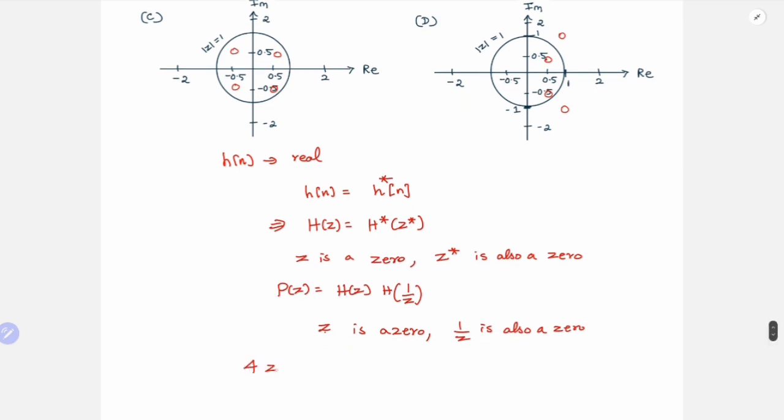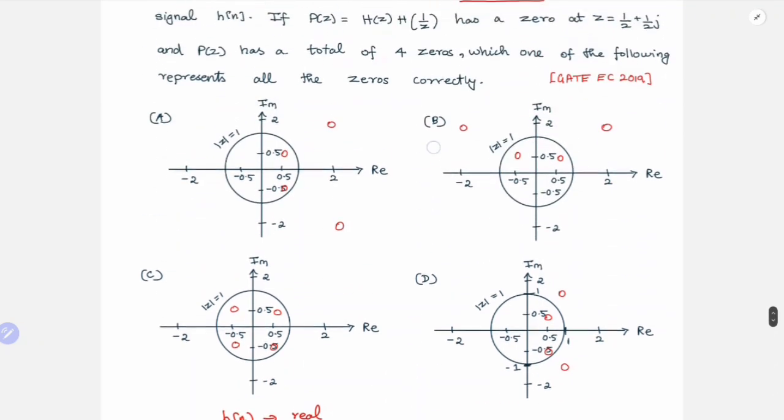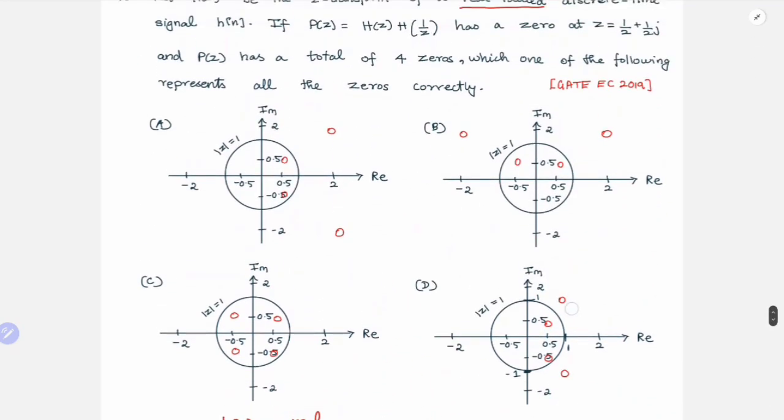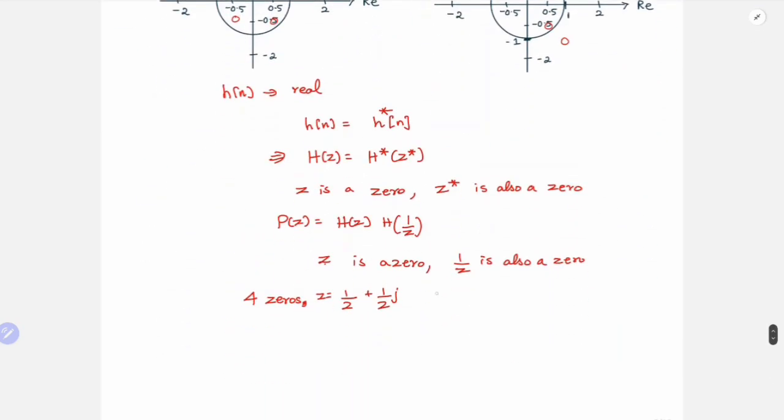So we can get 4 zeros from a given z, correct? z is given as 1 by 2 plus 1 by 2j. So z star, what will it give? It is 1 by 2 minus 1 by 2j. And 1 by z is nothing but 2 by 1 plus j.